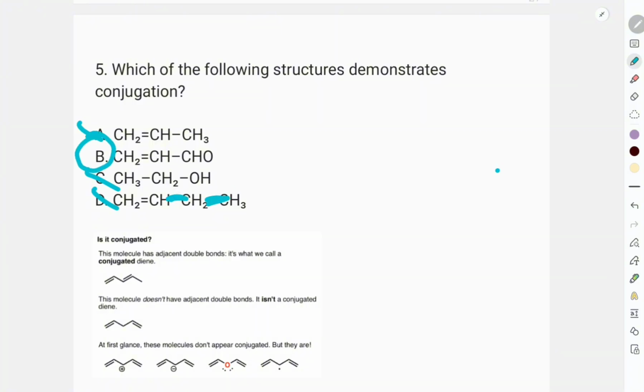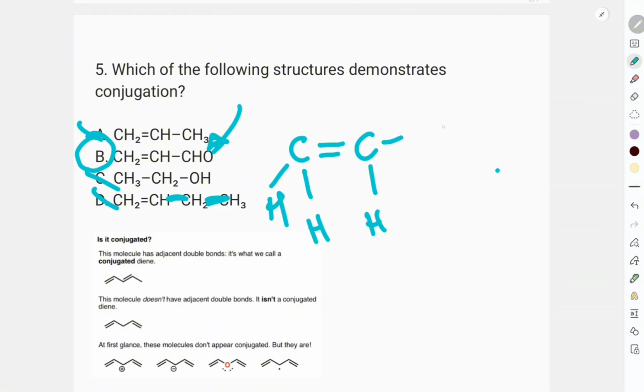So that would make B our answer. It's kind of hard to see because you don't see the double bond to oxygen, but basically the molecule looks something like this. There's a double bond here, it's bonded to hydrogen, bonded to carbon, and then you have a double bond to oxygen, right?